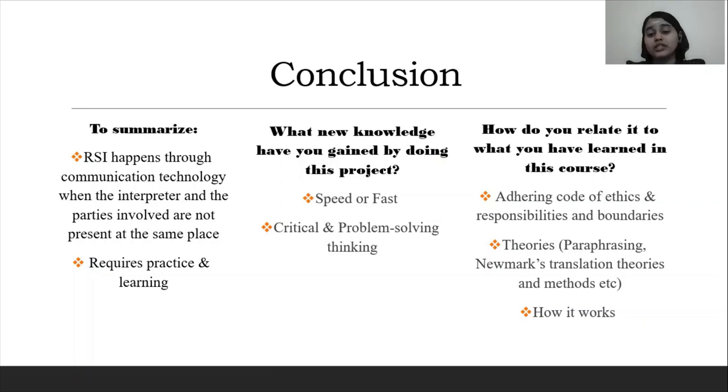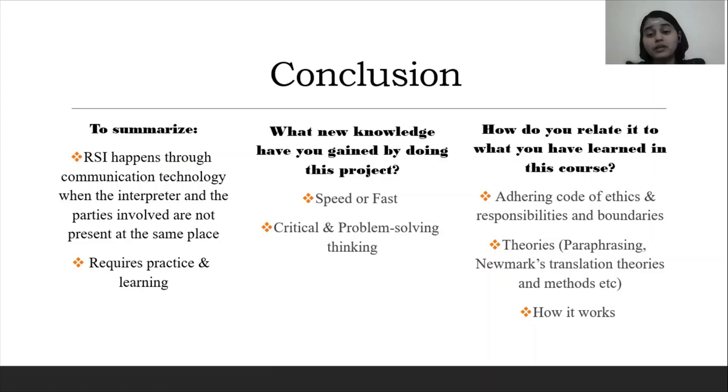So what new knowledge have I gained by doing this project? I gained knowledge like maintaining a reasonable time when interpreting. I learned and experienced how interpreters think, specifically their critical and problem-solving thinking in situations when interpreting in real time.